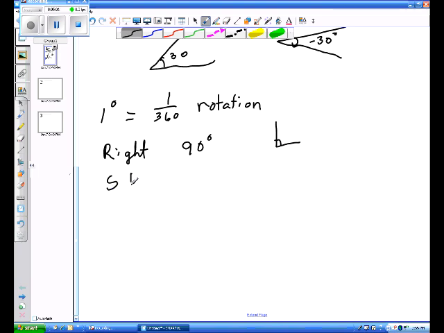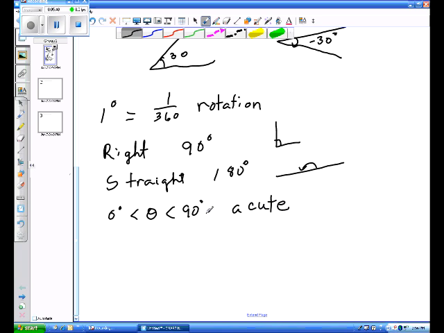A straight angle is an angle that measures 180 degrees. So it would simply be a straight line. And we would have our angle. If an angle is between 0 degrees and 90 degrees, then we refer to that as an acute angle.